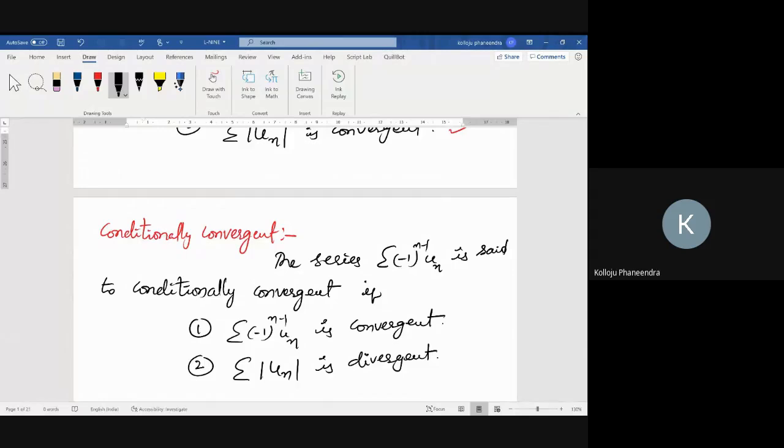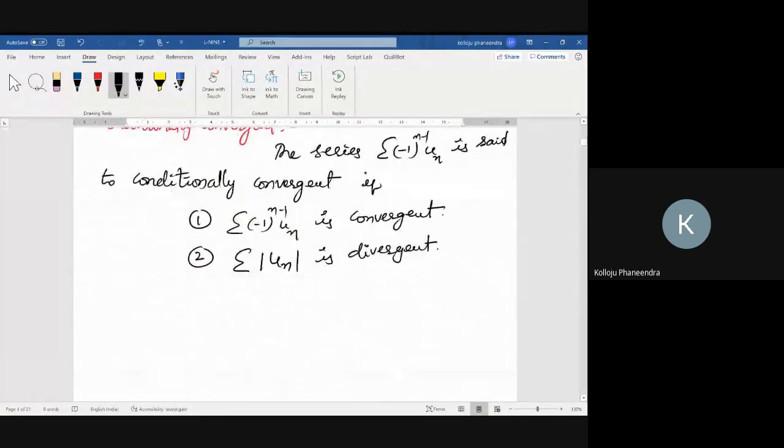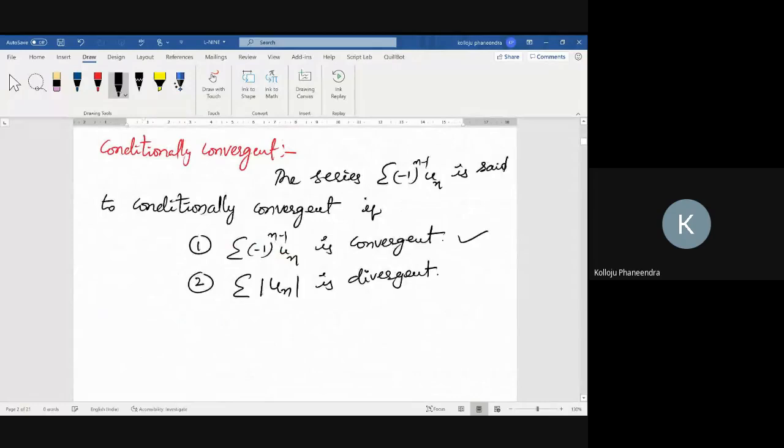Okay, this is about absolute convergent and conditional convergent. Conditional means what? The alternate series is convergent, but the absolute series is divergent.